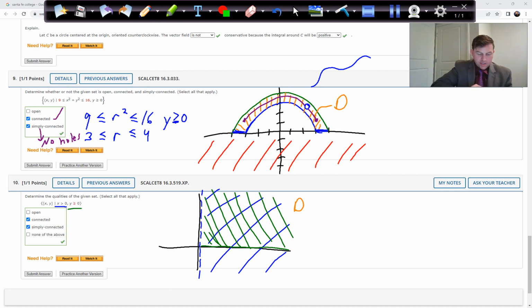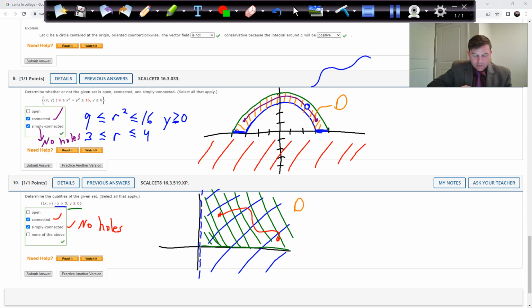Again, this is connected because any 2 points we pick in here would be connected by some smooth curve, and it's simply connected because there are no holes in that region.